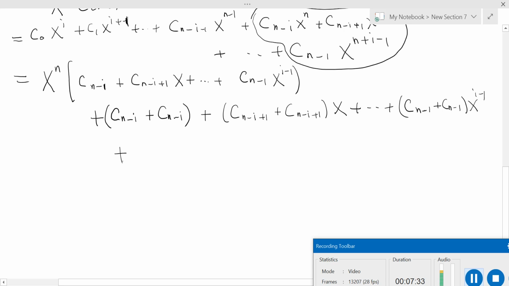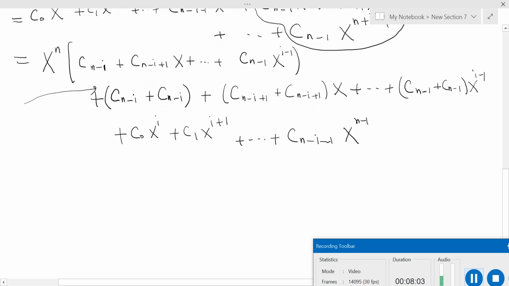And then there are other previous terms, C0 x to the power I plus C1 x to the power I plus 1, plus Cn minus I plus Cn minus I minus 1 x to the power n minus 1, right? So no issues with it. These are all actually 0.